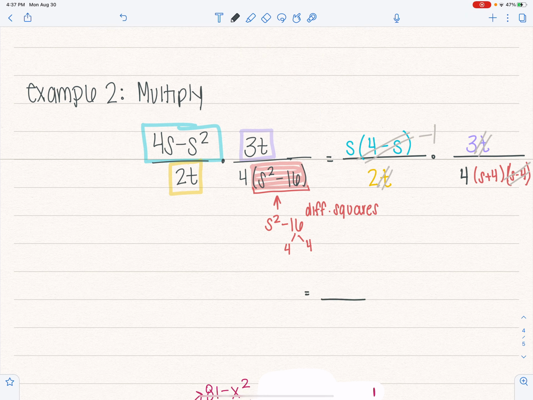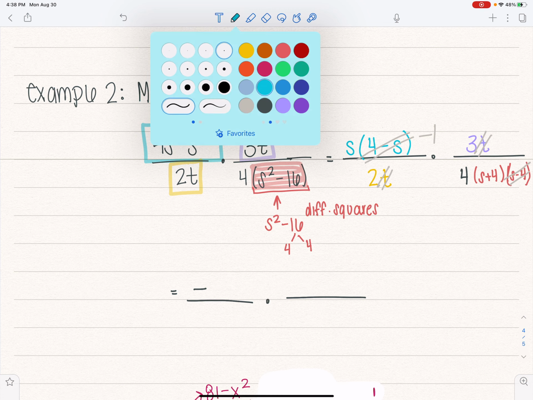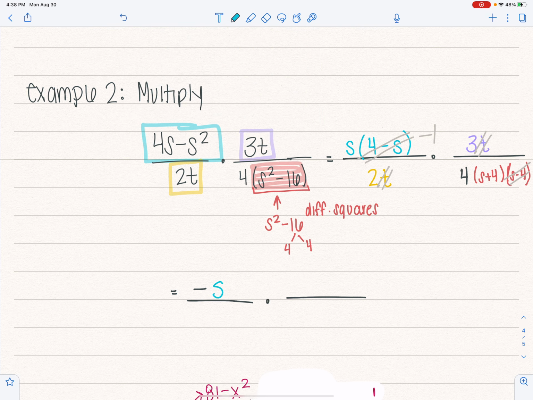So now what I am left with, on the top left, is s times -1, or negative s. On the bottom left, I'm left with just a 2. On the top right, I'm left with just a 3.